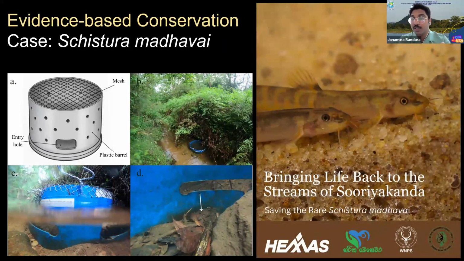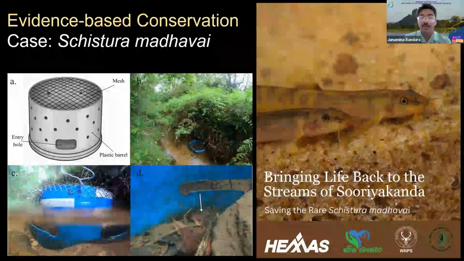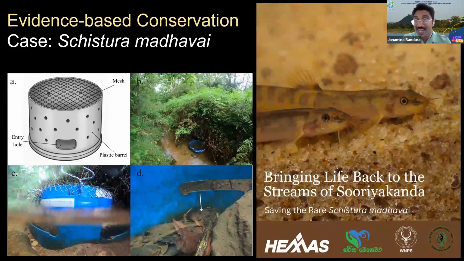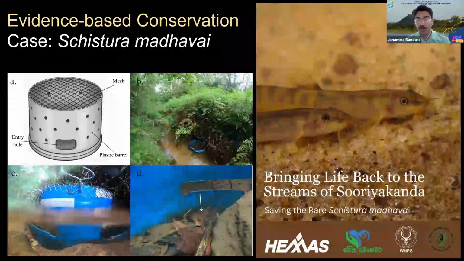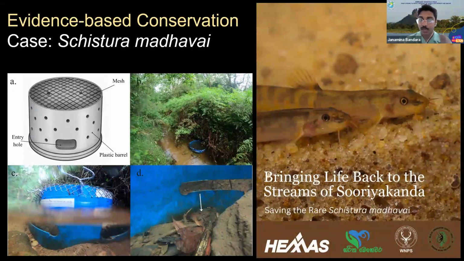To increase the leaf litter and to increase these breeding sites and nursery sites, we have come up with this leaf litter bay using discarded barrels, and we have put leaf litter into that and put a mesh, and we have video evidence that the fish actually use this very actively. So we can say that it's successful, and we are deploying several of these structures along the margins, in areas without riparian vegetation.